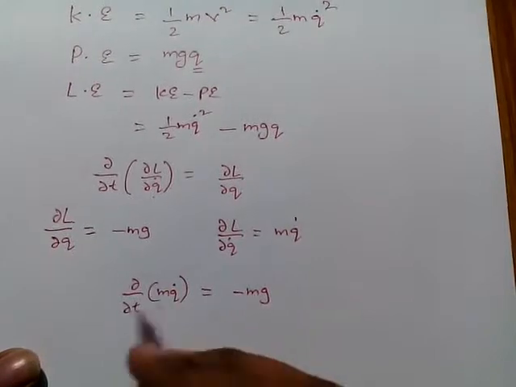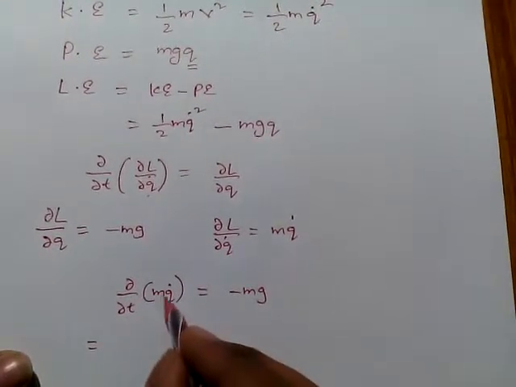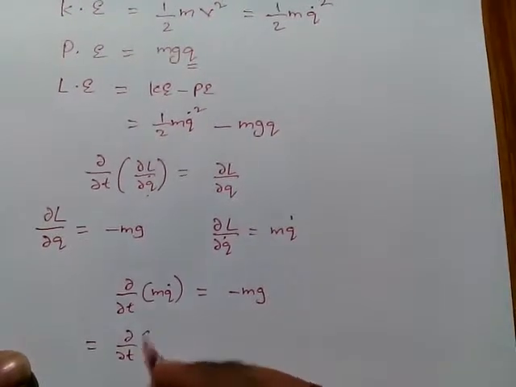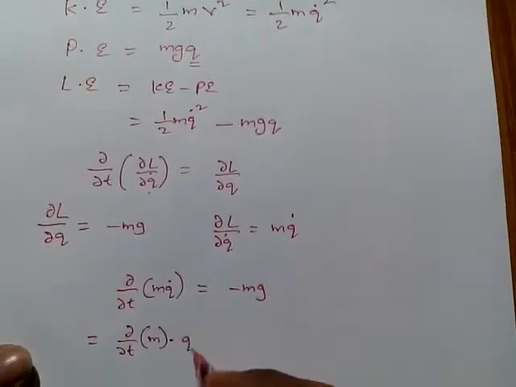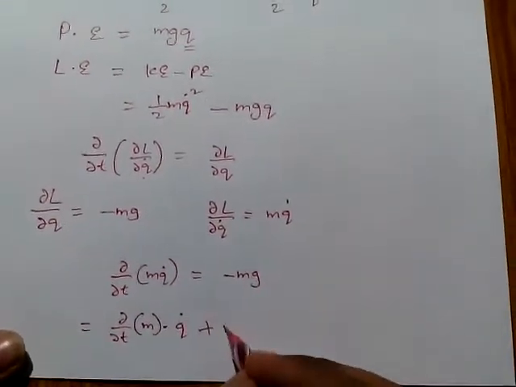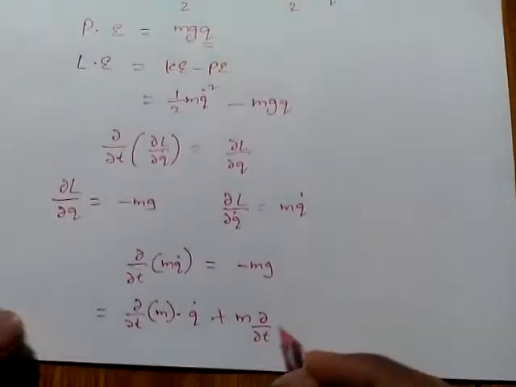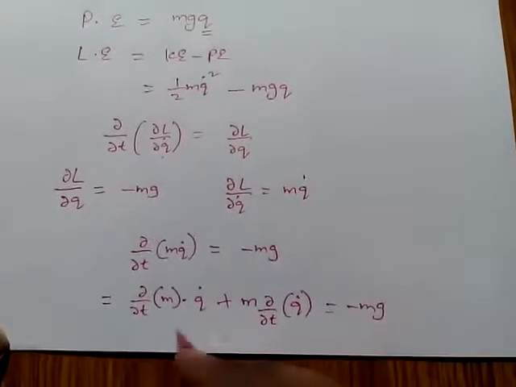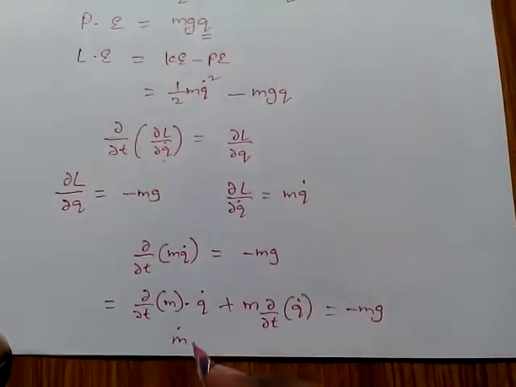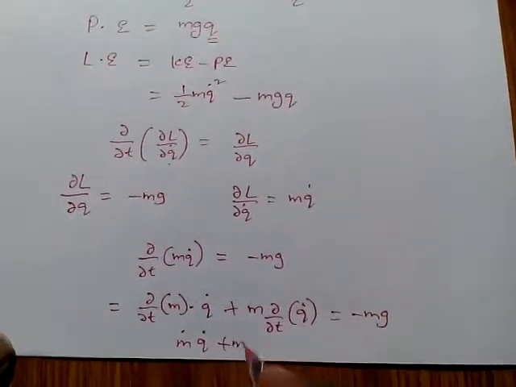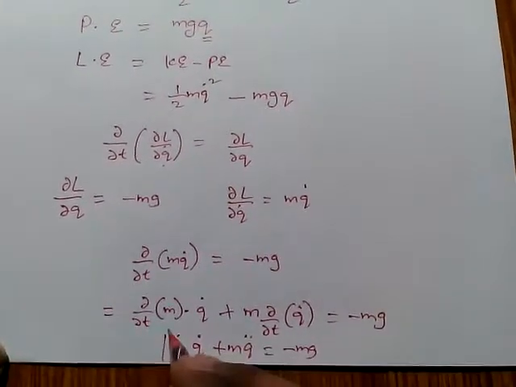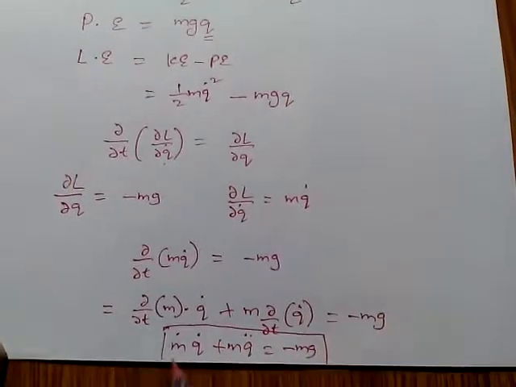Here m is also changing, so by the uv formula, m dot into q dot plus m into d by dt of q dot is equal to minus mg. So we can write m dot q dot plus m q double dot is equal to minus mg. This is the equation of motion for this rocket.